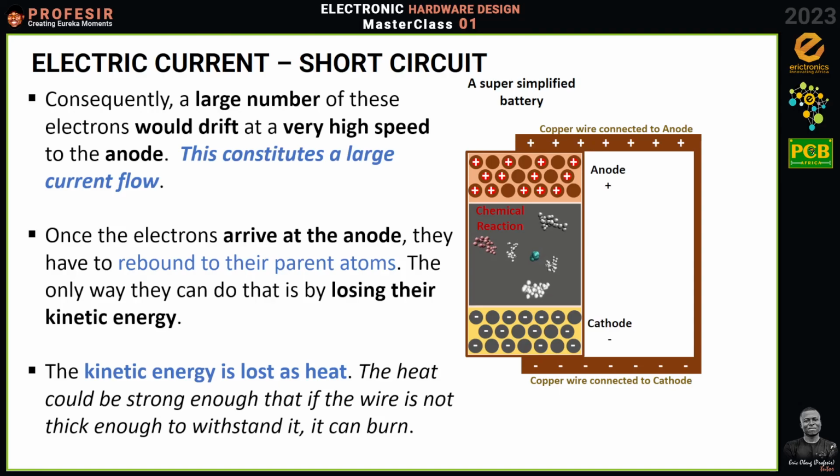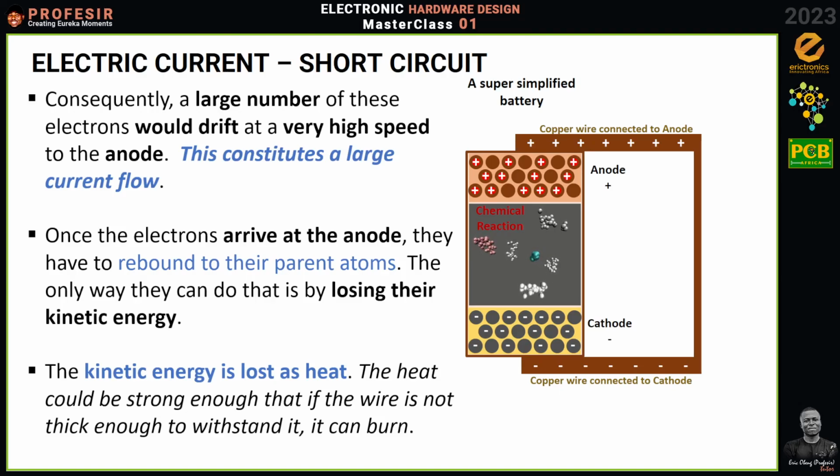Heat energy. Is that okay? So if the copper wire that you have used is not thick enough to withstand this heating, trust me, the insulation around the copper wire will start melting, and even depending on the amount of energy connected, the copper wire itself will end up burning.